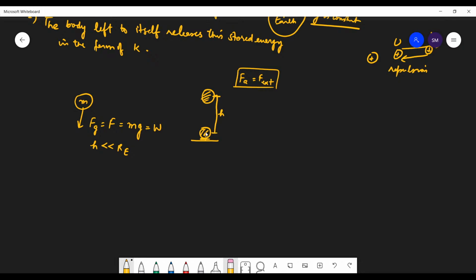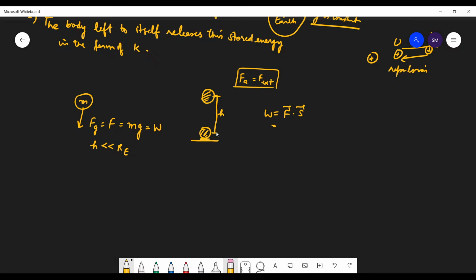So what is the work done by the external agency? Work done is equal to force into displacement. So what is the force? The force here is equal and opposite to this. I am taking this body very slowly so that the initial velocity is equal to the final velocity.